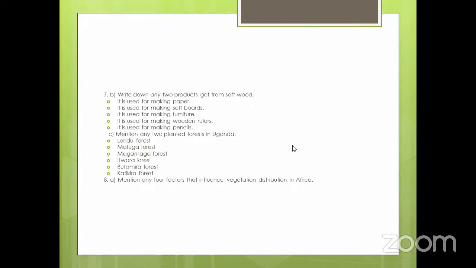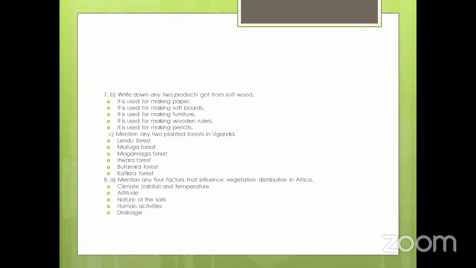Okay. Fertile soil. We have the fertile soils. The other one? Rainfall. Good. Any other? Those are the only ones which I know. Okay, there are very many. Time is not going to allow us to discuss a lot about this, but those are some of the factors.